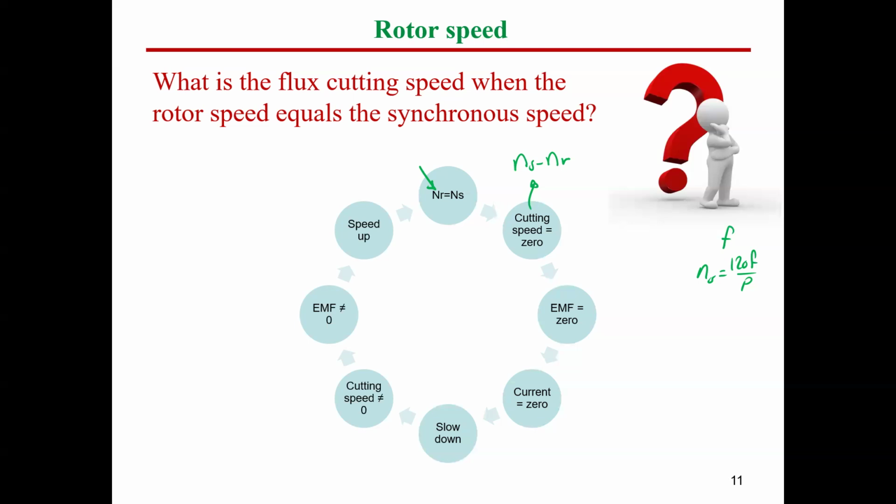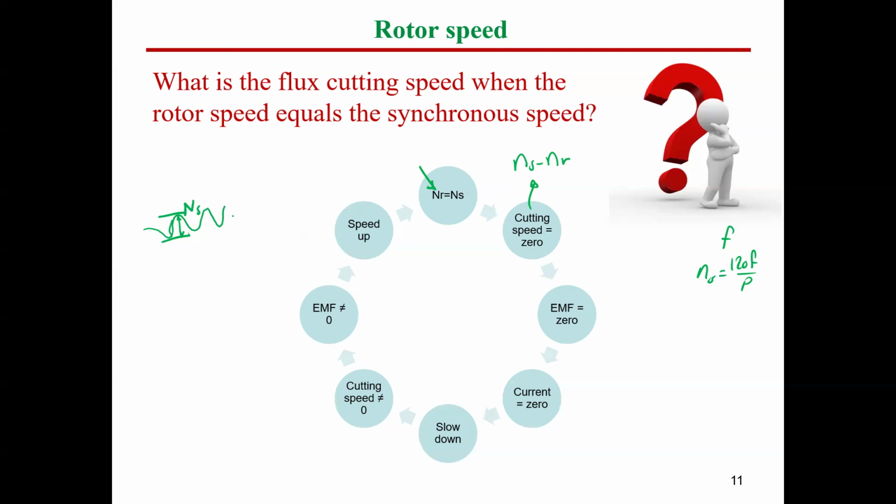It's endless. The machine speed is going to rotate between two limits. The maximum limit is ns, and the lower limit is another speed less than ns by a very small interval. We are going to call the average speed nr. So the machine speed is oscillating between this limit and ns.